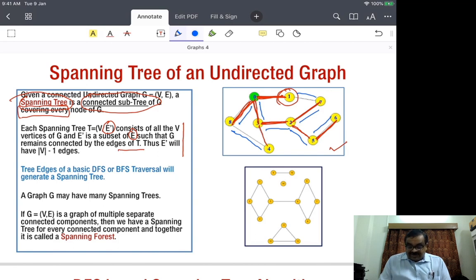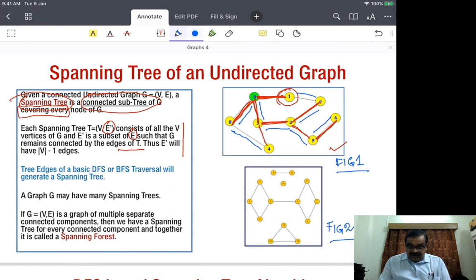Now let us consider figure 2. If the earlier figure is figure 1, then this figure is a graph which is disconnected and we have seen this graph before. And we know that there are 4 components of the graph. Therefore, a spanning tree will be there for each component.